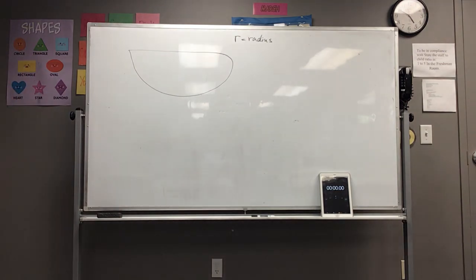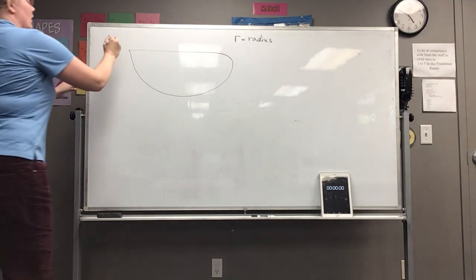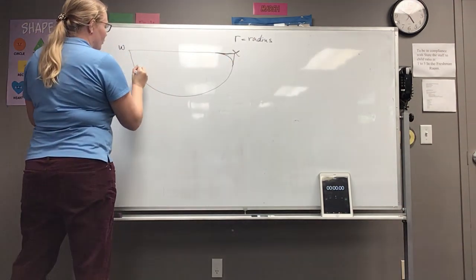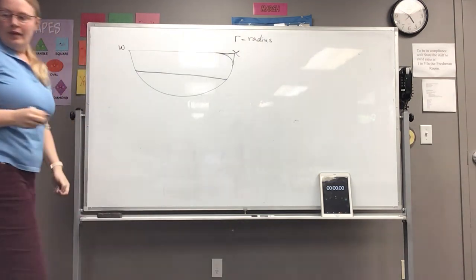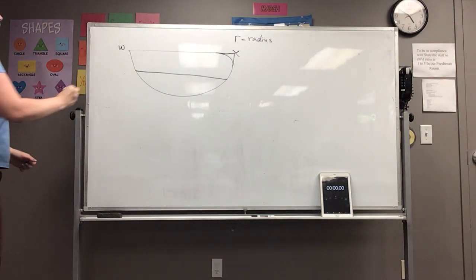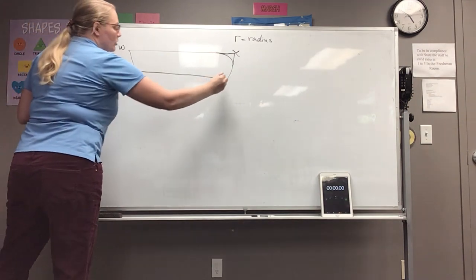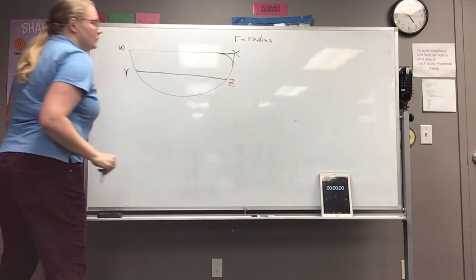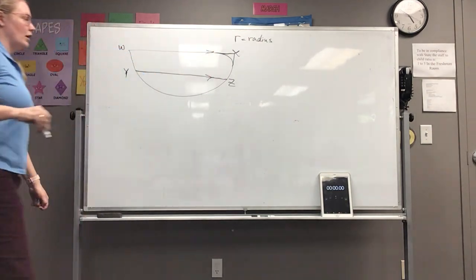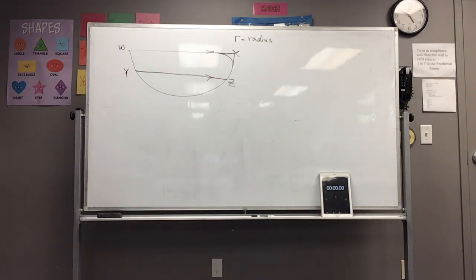And a chord, so WX is the diameter, and there's a chord that is parallel to that diameter from point Y to point Z. So these are parallel. They don't put that on the drawing, but since we're cutting down on words, we'll mark it.